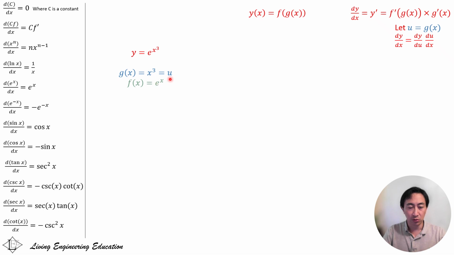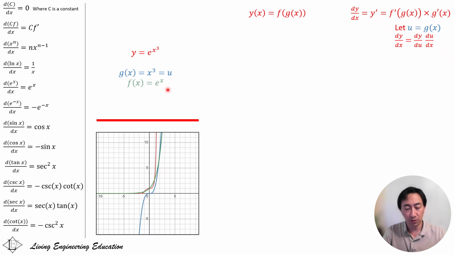So I can substitute u for x cubed, and then e to x will be my outer function, or my e to u function. So we'll graph these terms, and then we get in red there my e to the x cubed. This blue line is my x cubed, my u substitution value, and then e to x is in green, which you kind of see here.